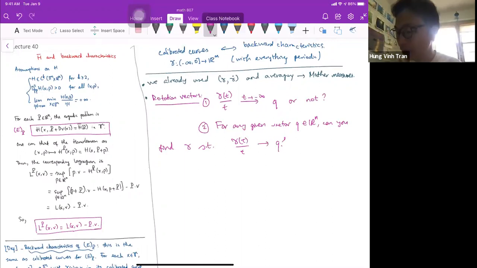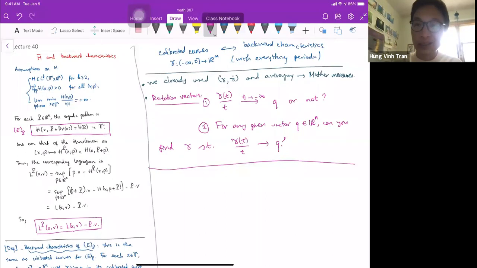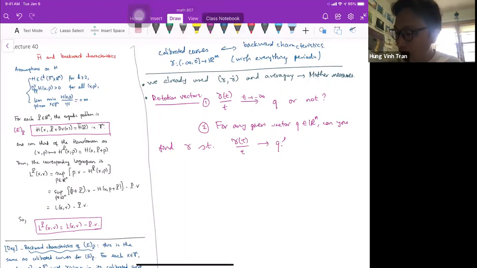Okay, so that's the second question. Again, I'm not saying any gamma, I'm saying gamma being backward characteristics. So those are the two main questions that people care about, and that's the classical aspect. And then maybe the modern aspect about quantification, about quantitative theories also.